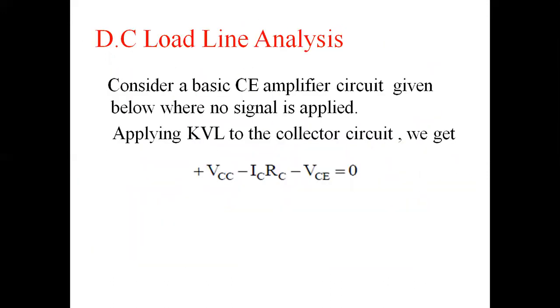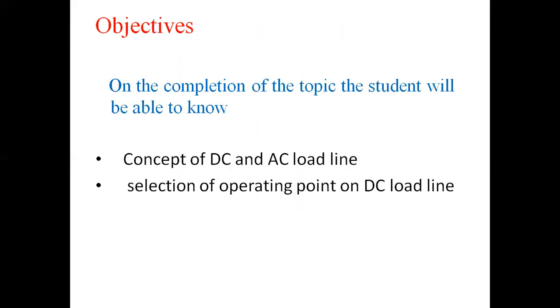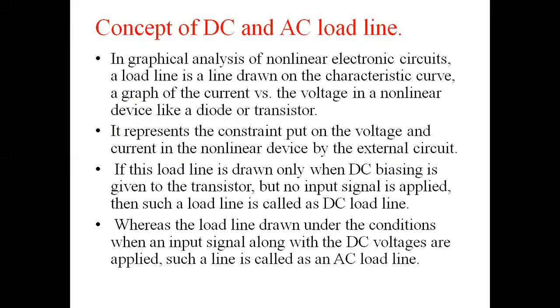Let's go through the previous slides once more. The load line represents the graphical representation. This is drawn on the output characteristics of the transistor in common emitter configuration. The graph is taken between two parameters, output current versus output voltage, in a non-linear device like a diode or transistor.